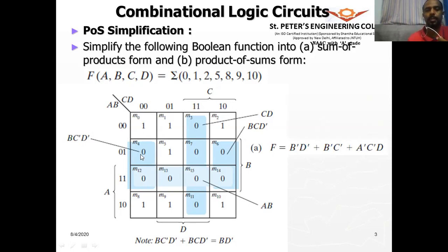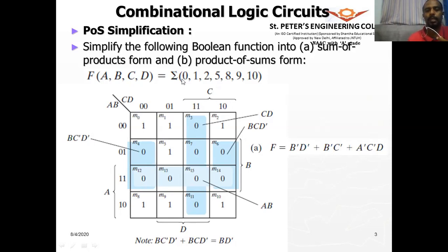By grouping these 2, we get B, C complement, D complement, and these 2 result in B, C, D complement, right? So when we club all these 4, we end up with B, D complement. All right. So this is for the complement.